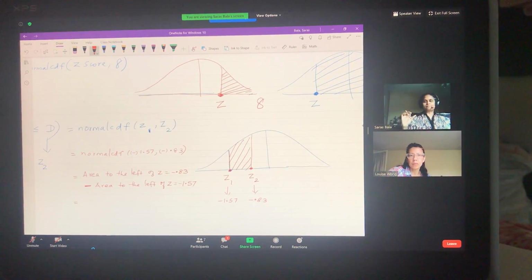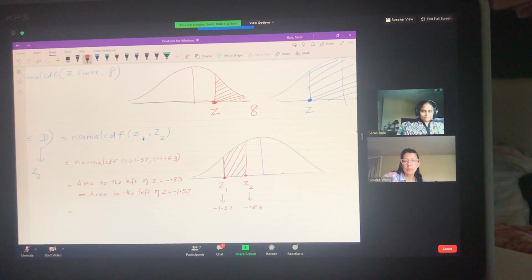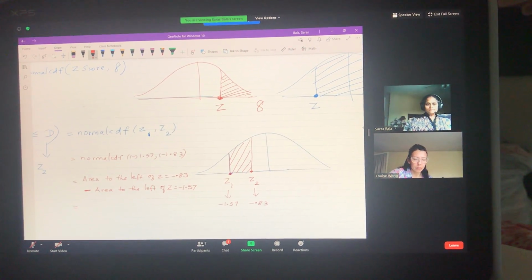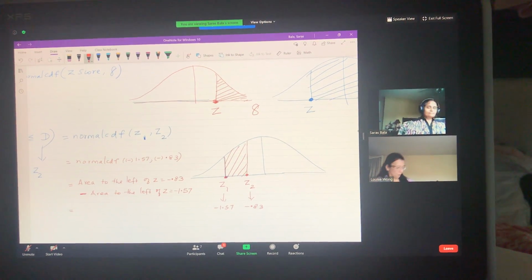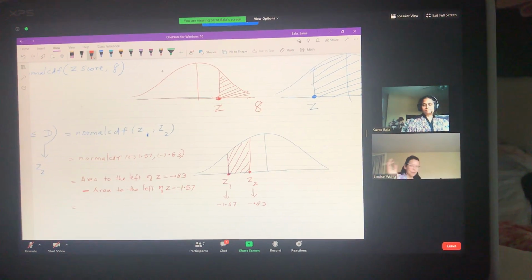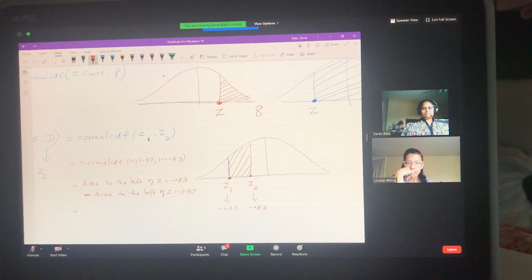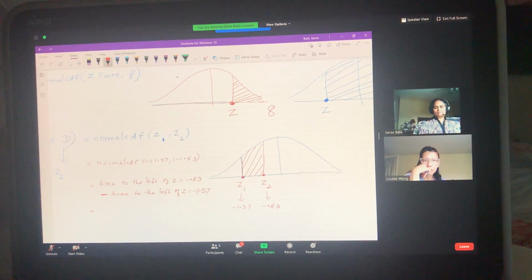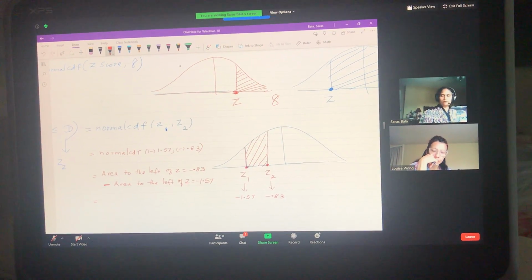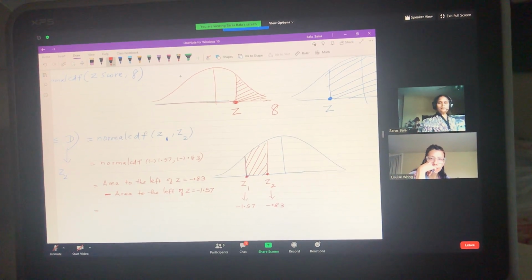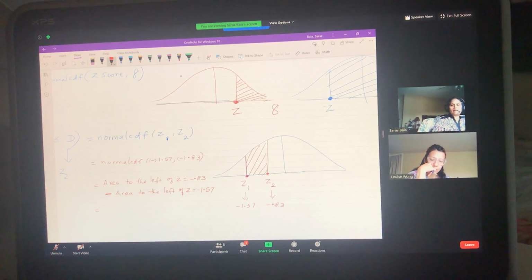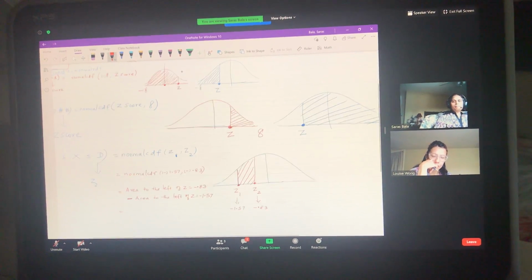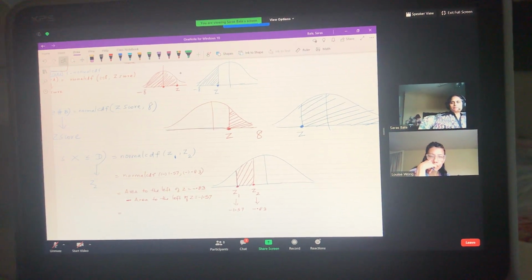If it says lower and upper, I'm supposed to be putting the lower, the upper, then the mean. Correct. You don't have to. Once you convert it to the normal CDF, you don't have to put the lower and upper because you are going to use the normal CDF.